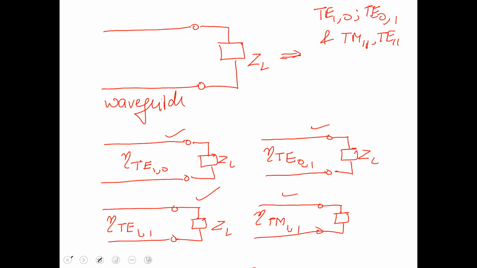If I try to match somehow here, if this is matched, it doesn't mean the others would be matched. For multiple mode waveguides, it'll become very difficult to do any kind of matching. You can do matching, but you'll have to go to different lengths at different places and start attaching stubs at those places.